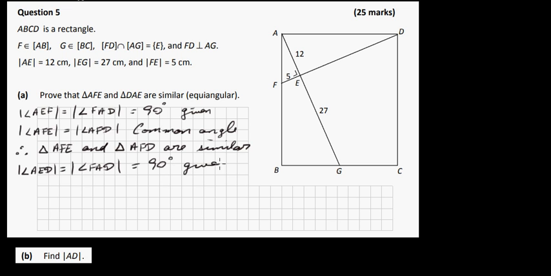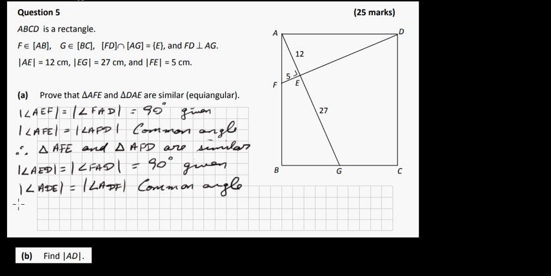Again, we're given that. We can also say here that ADE in the small triangle is equal to ADF in the big triangle. So this angle is equal to this angle. Again, it's a common angle.